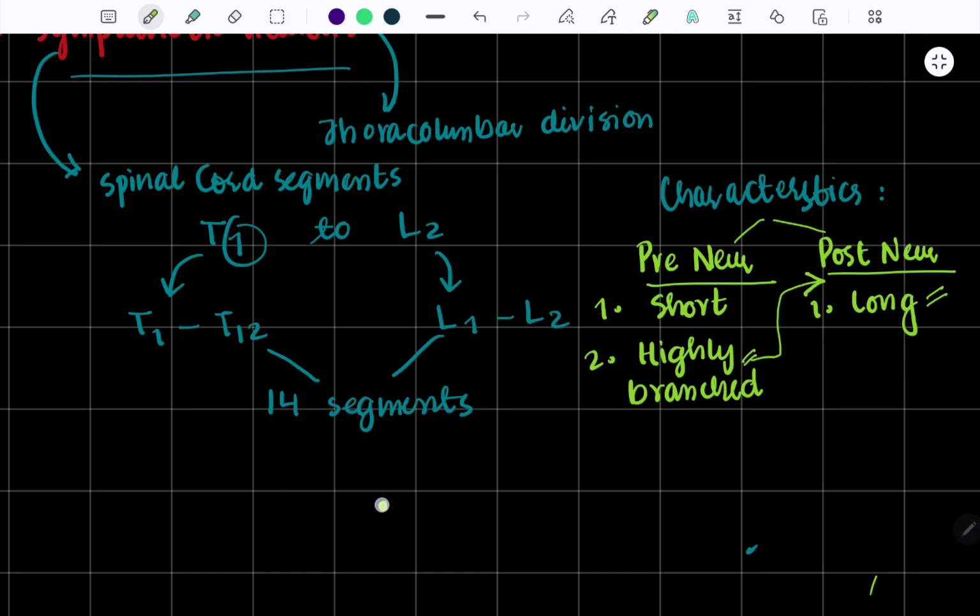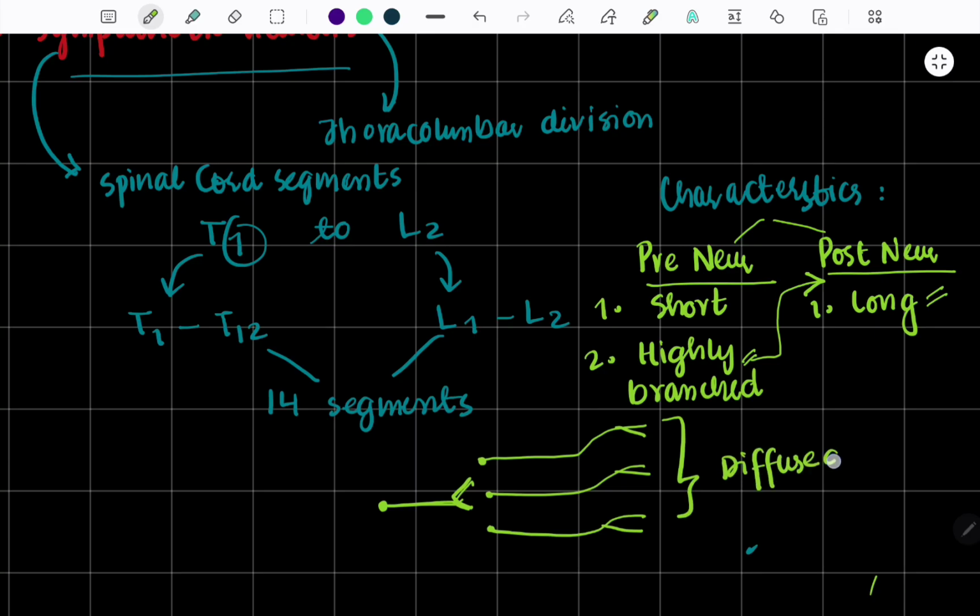If this is the preganglion, it is short but it can be highly branched, which means that several postganglionic neurons can be attached to it, and then they can innervate different effector organs to produce the diffuse response, which means widespread response within the body.